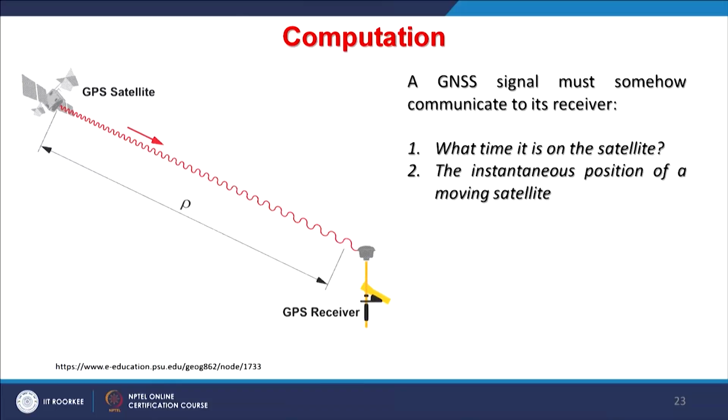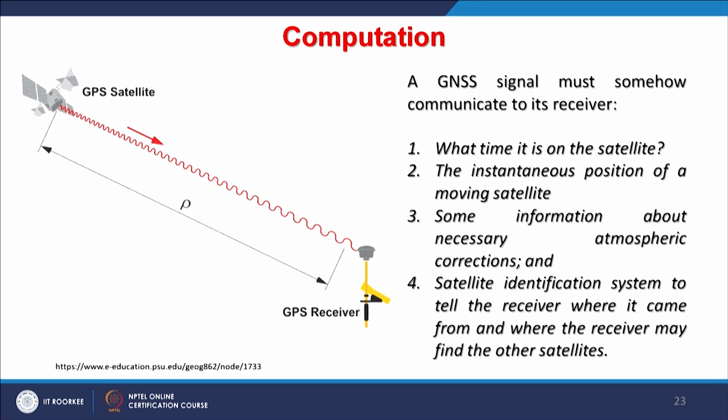So basically these signals must communicate what the time on the satellite was when the signal was dispatched, the instantaneous position of a moving satellite, what the position of the satellite was when the data was transmitted, and some information about the necessary atmospheric corrections, if that is available from some other sources or maybe the satellite itself, and a satellite ID.